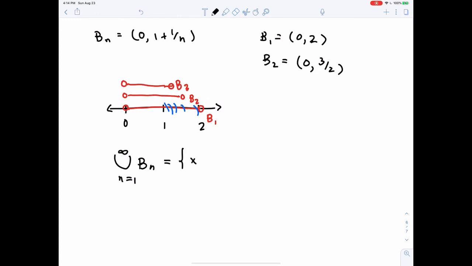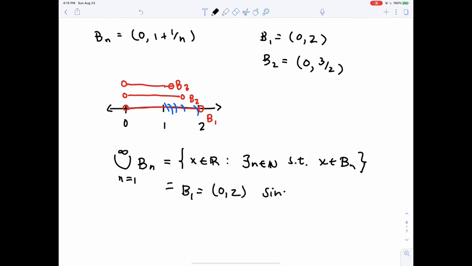So this is, remember, just by definition, all of the x in R such that there exists a natural number such that x is in Bn, and this is just going to be B1. And that's since B1 contains B2, which contains B3, etc.